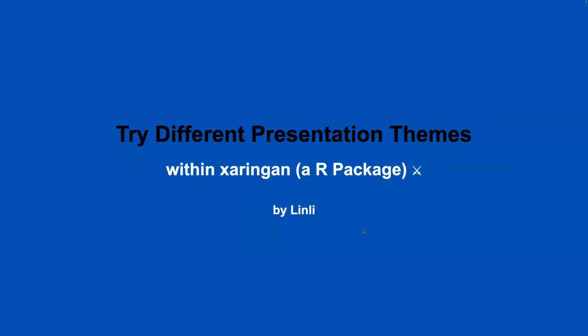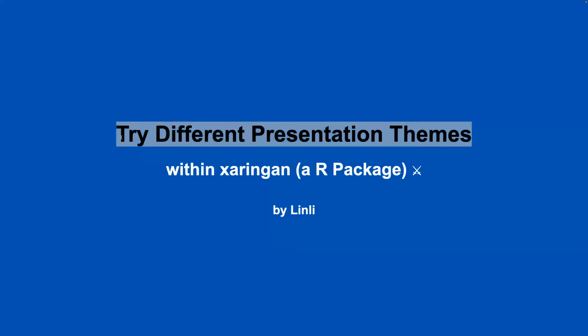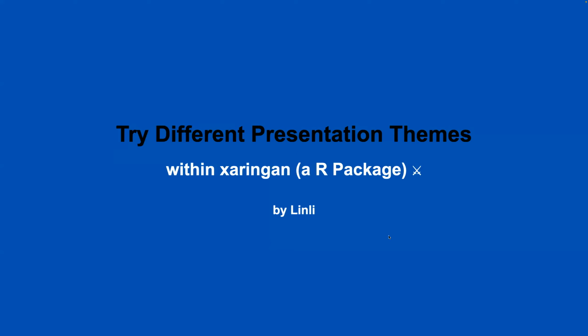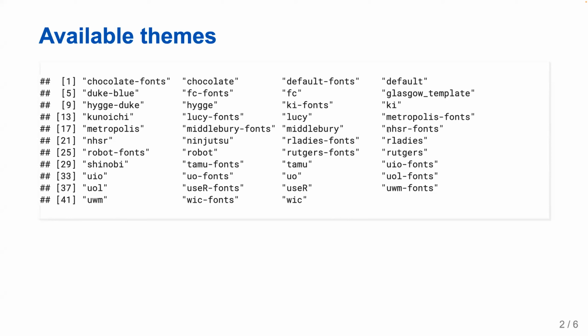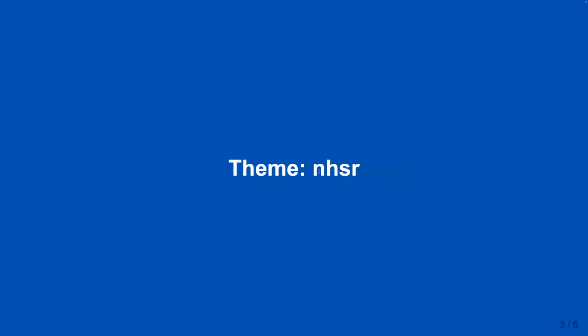Okay, this is the next theme. It's a little bit hard to see the first line of the title on the title slide on a very dark blue background. I don't think I like this. This one is NHSR fonts and NHSR theme.